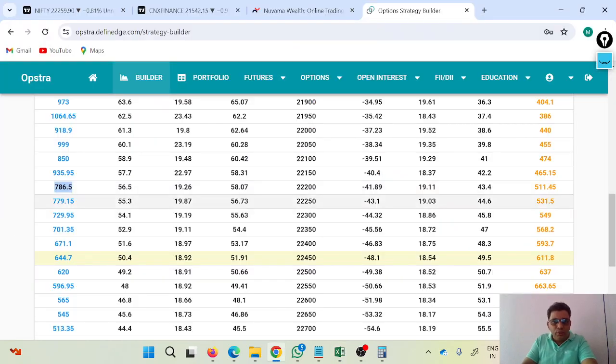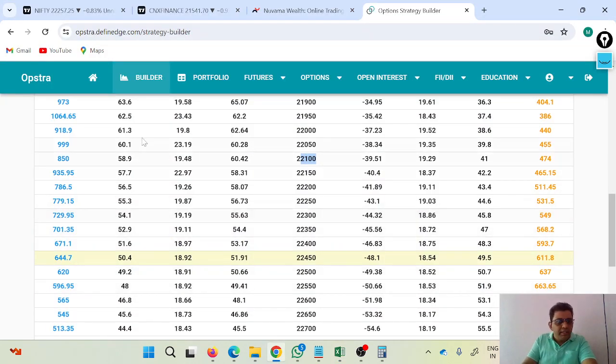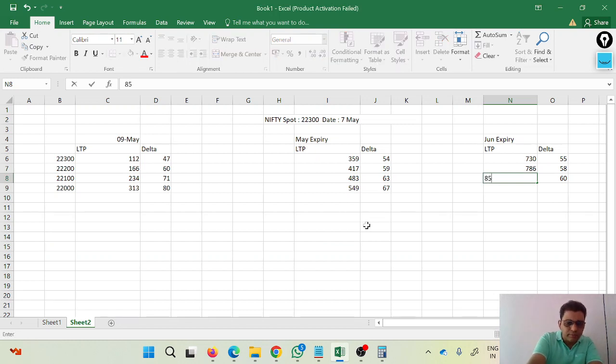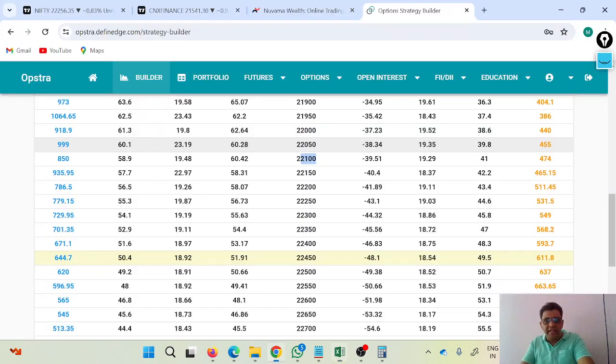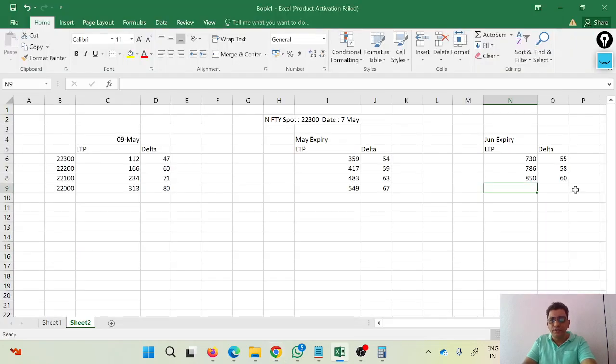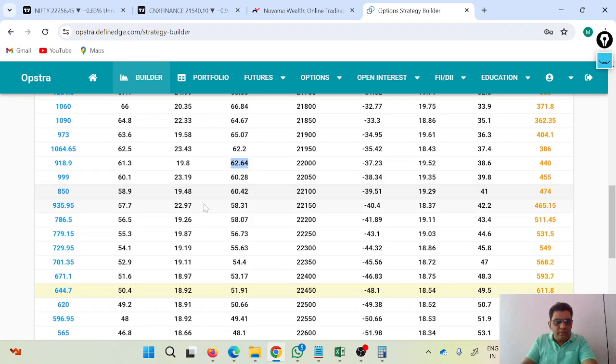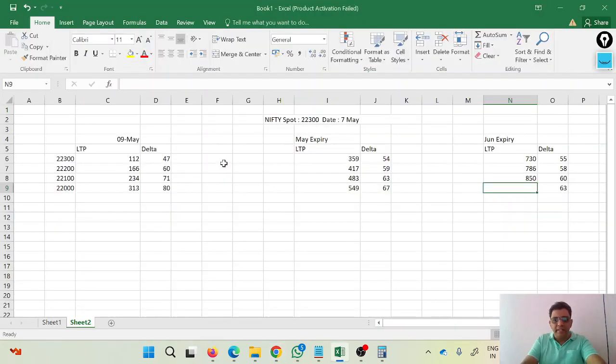Then 22,100, delta is close to 60, and LTP is 850. And lastly, 22,000, delta is 62, or I can say 63 also, and LTP is 919. So these are the data points which are available with us.